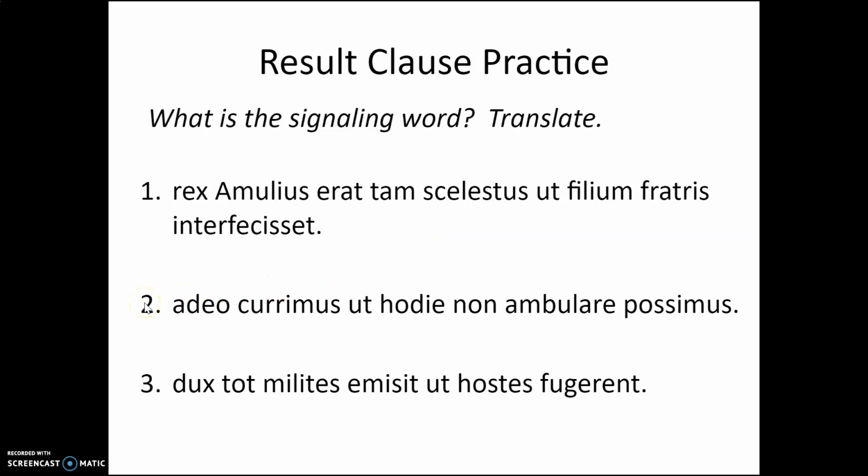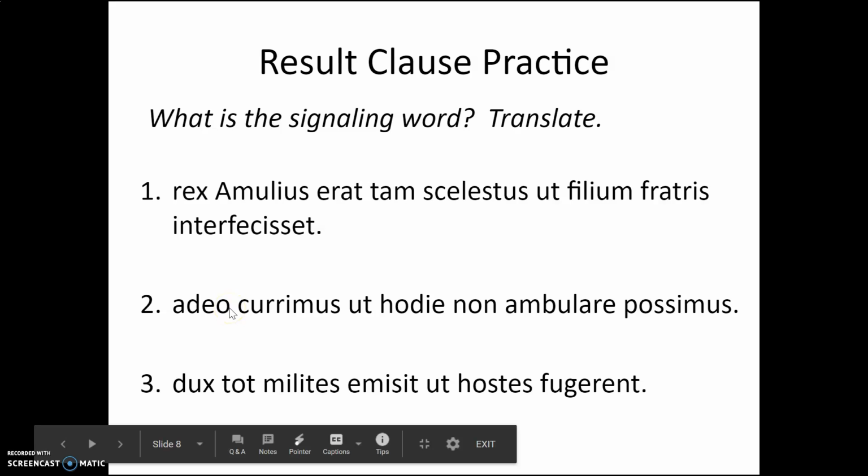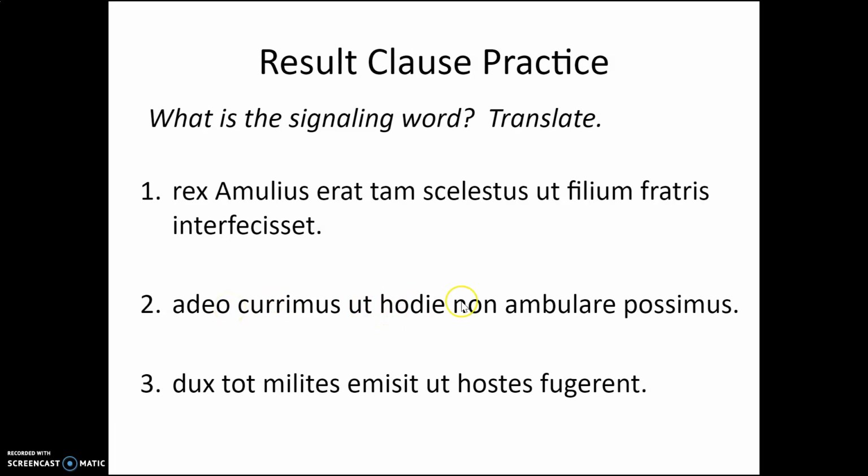And then number 2. What are my signaling words again? Tam, tantus, tot, adeo, ita, sic. So my signaling word here is adeo. We've got ut in the middle, and my subjunctive verb is possimus. Adeo, so greatly or so much. Currimus, we run.